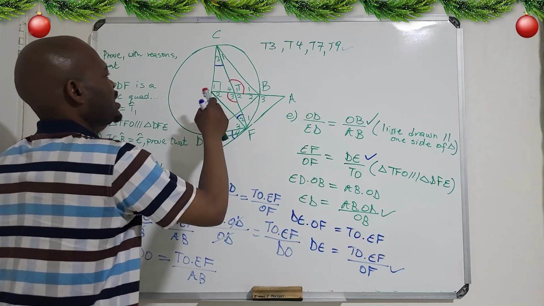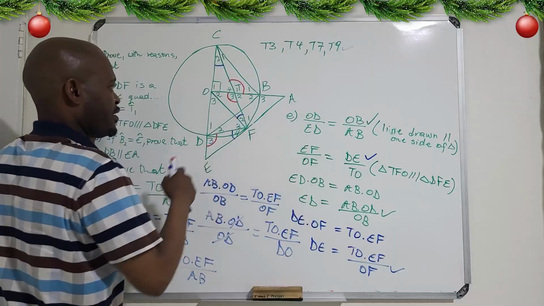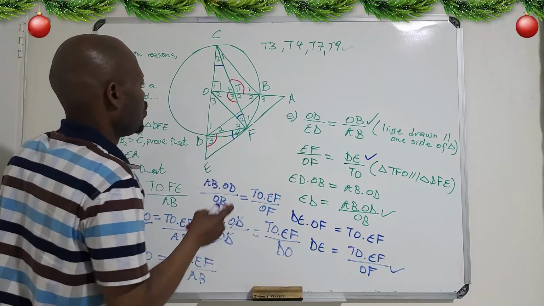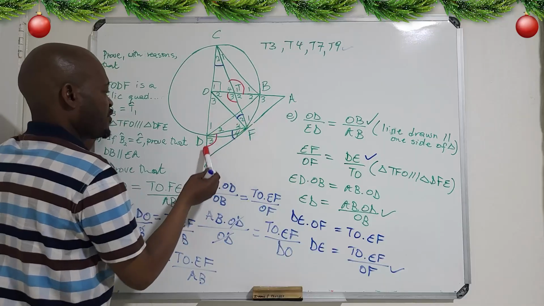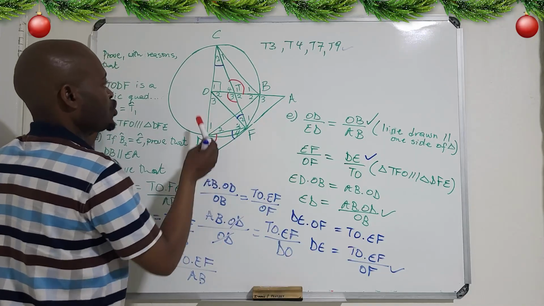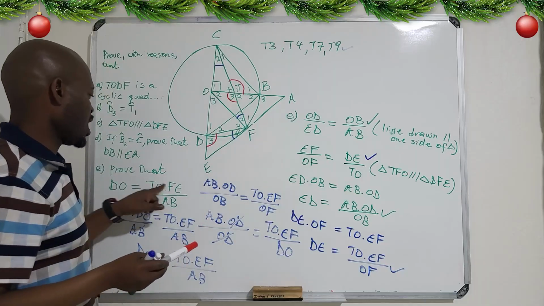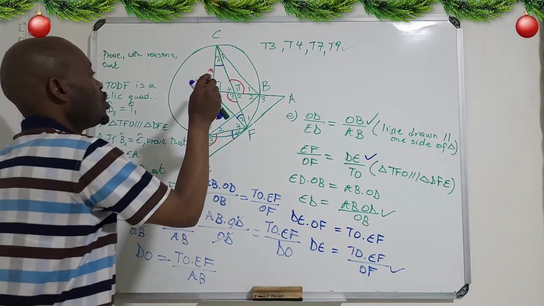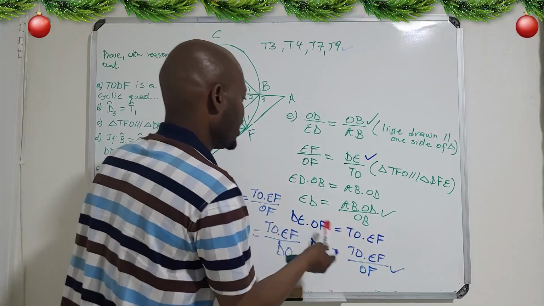But since we also need OT and EF, we should use similarity, where this triangle is similar to this triangle. Look at the sides that we are looking for so that we can set up our ratio and equate the two.